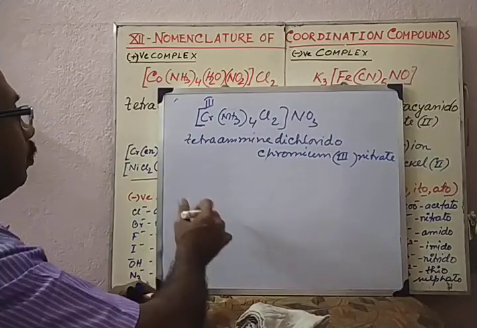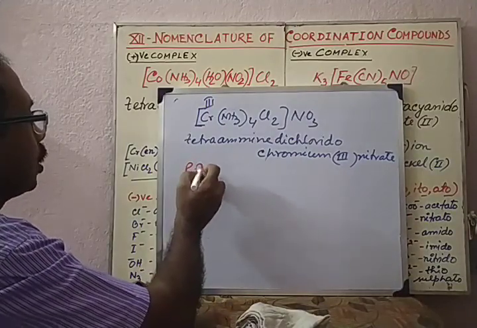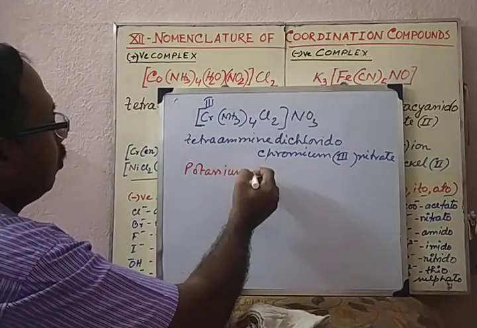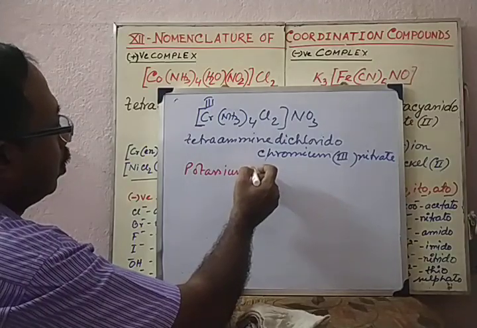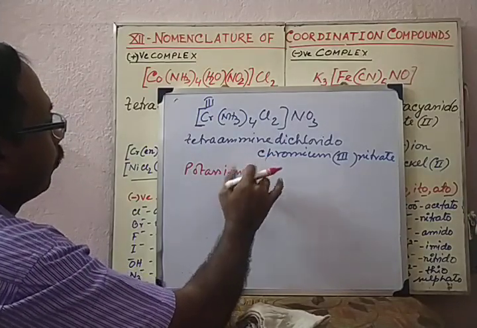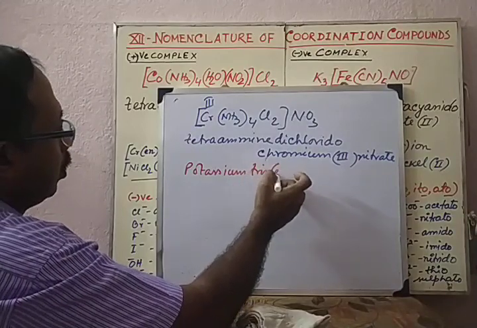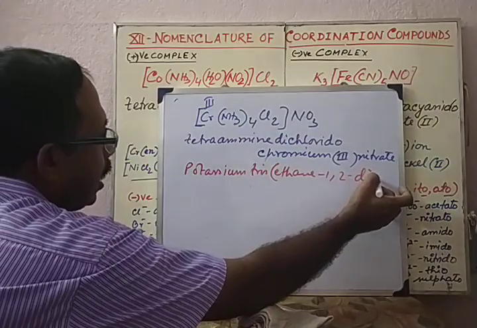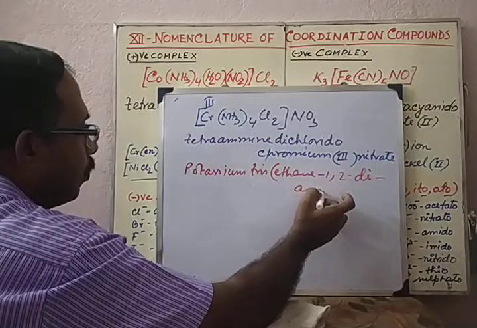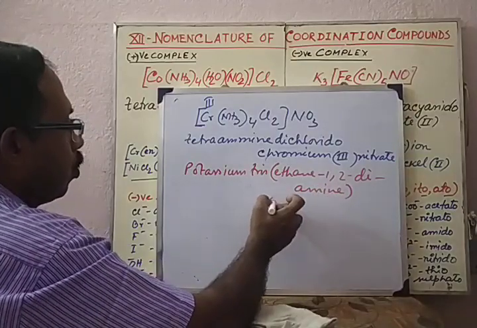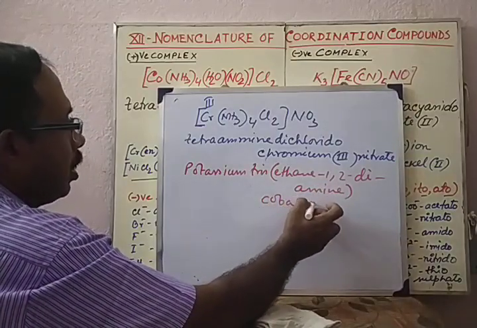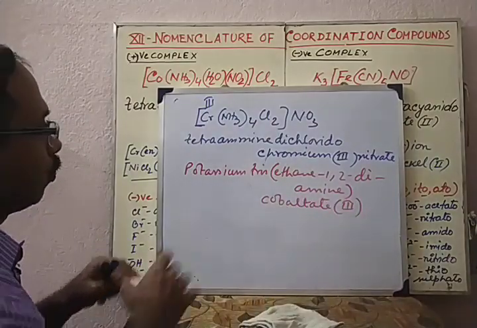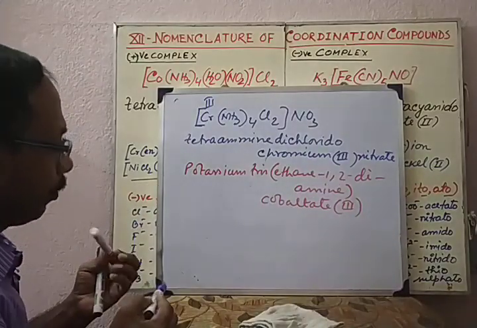Say, potassium tris(ethane-1,2-diamine) cobaltate(III). So when a name is given, you have to write the formula.